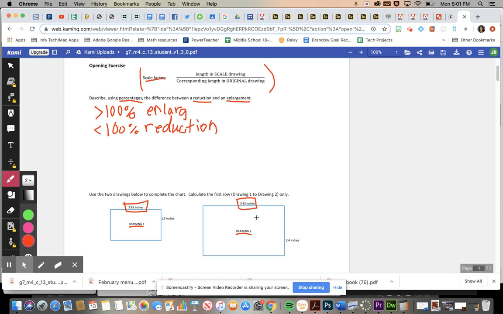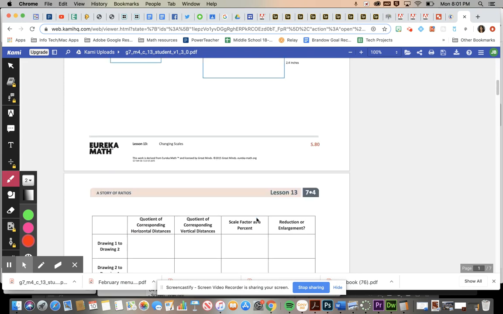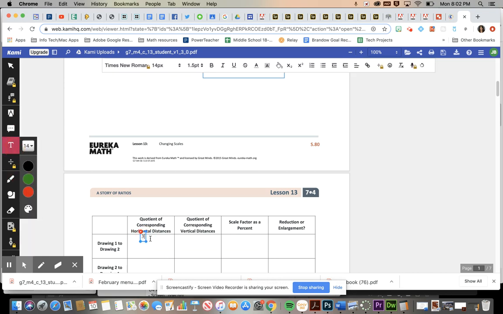So I have to do my scale drawing, which is 3.92, divided by drawing 1, my original, which is 2.45, I believe.